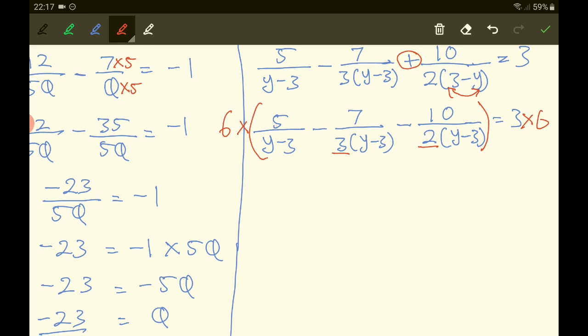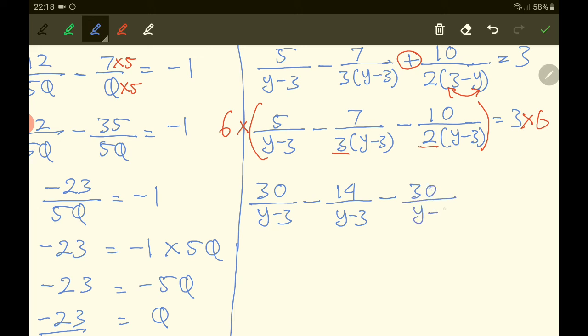So we get 6 times 5 is 30. Want to use blue again. 30 divided by y minus 3, and then minus 6 times 7, but you can cancel 6 with 3, you get 2, so 7 times 2 is 14 over y minus 3, and then minus 6 times 10 is 60. 60 divided by 2 is 30, so 30 over y minus 3.